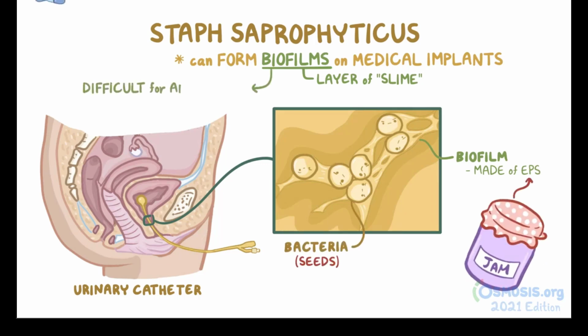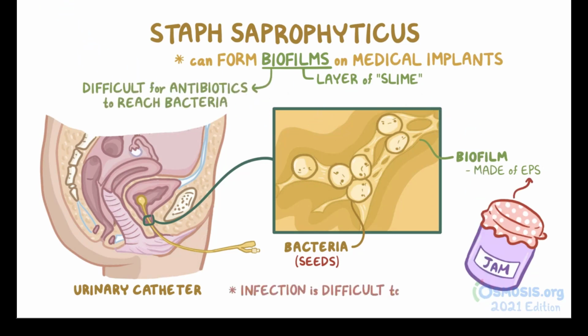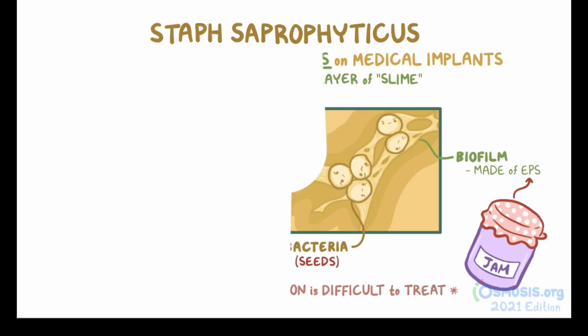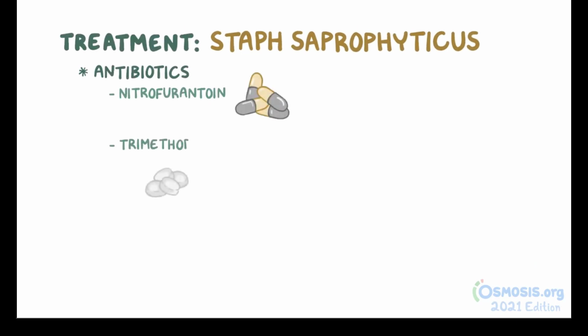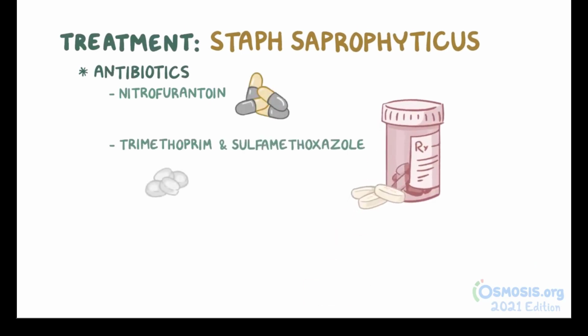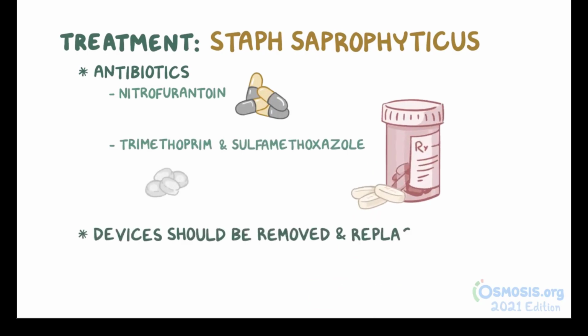Biofilms make it difficult for antibiotics to reach the bacteria, so the infection is more difficult to treat. Staph saprophyticus infections can be treated with antibiotics like nitrofurantoin or a combination of trimethoprim and sulfamethoxazole. Additionally, indwelling medical devices should be removed and replaced when there's suspicion of biofilms.